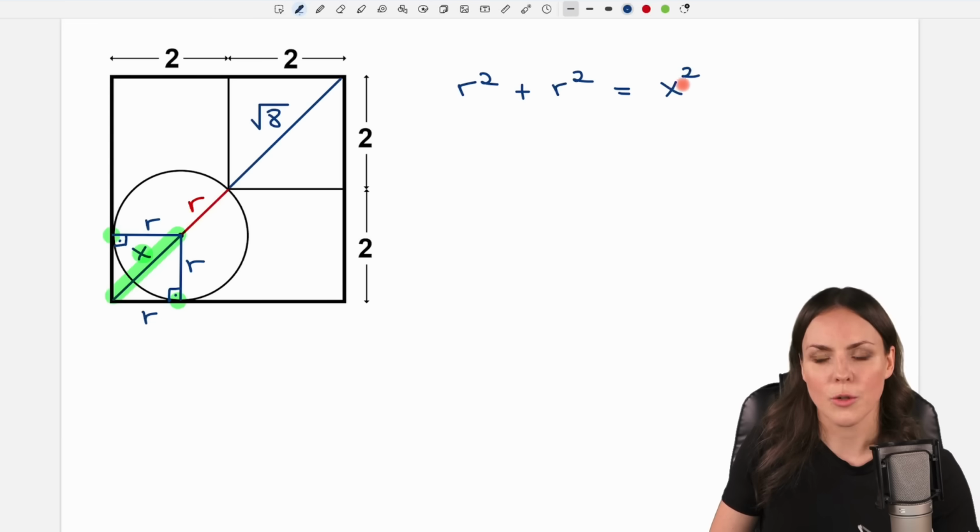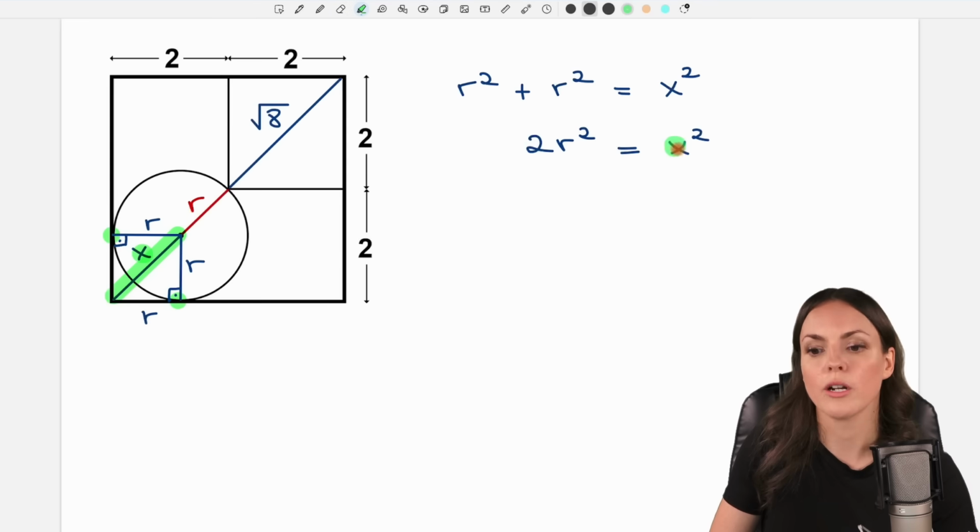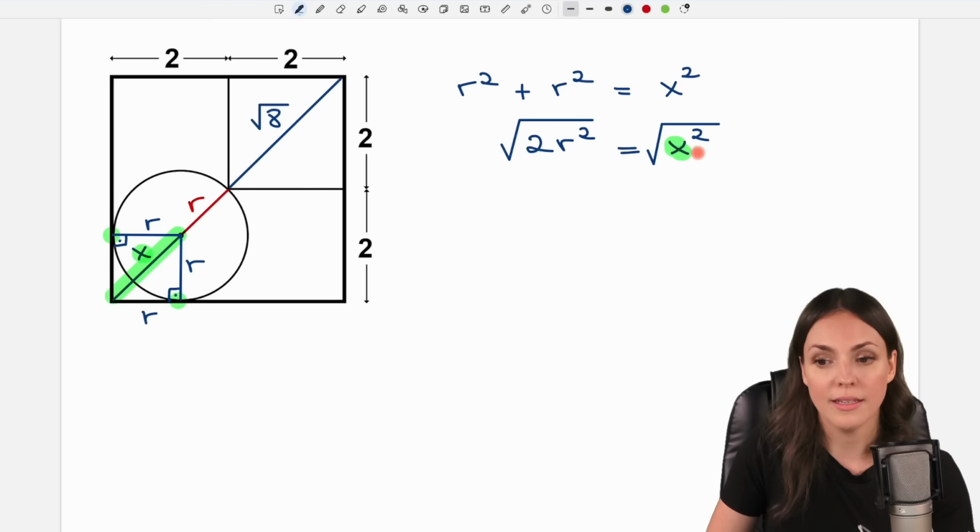We want to solve this equation for x this time. We were interested in x. We have 2 of the r squared on the left side, and here we have our x squared. We want to solve for x, so we want to get rid of the square again, so we take the square root on both sides of the equation. Like this, we will have 2 solutions for our x, a first solution, a positive one, and a second solution, a negative one.